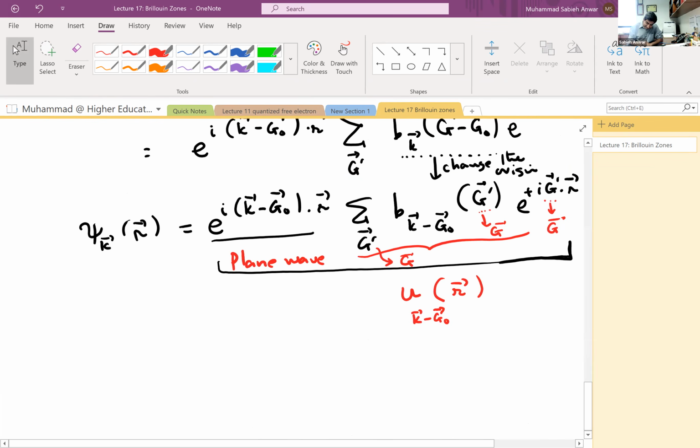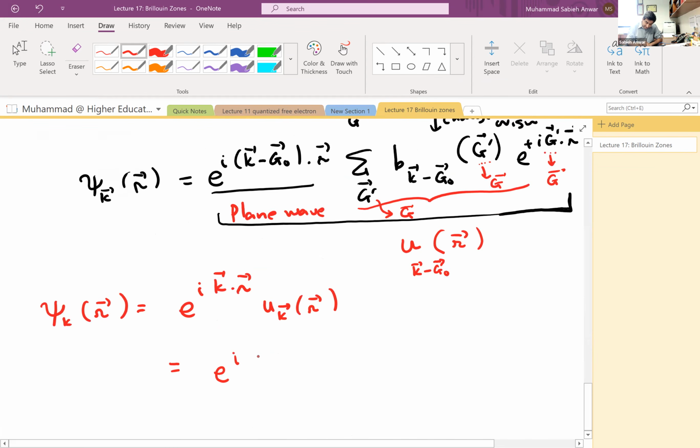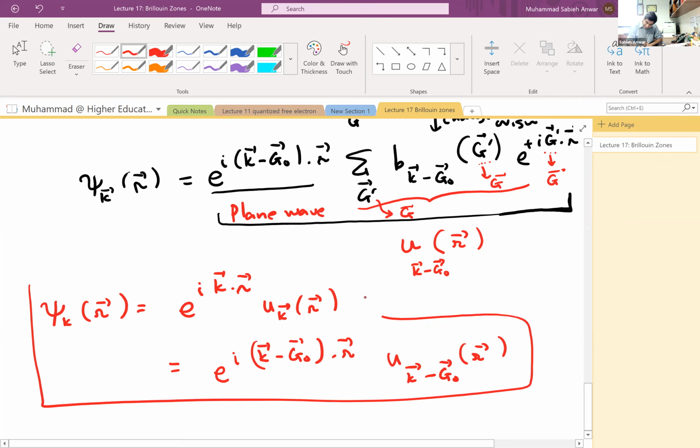Hence, what this expression is telling us is that psi_K at R, which is normally given by e^{iK·R} modulated by U_K as a function of R, is exactly going to be identical to e^{i(K minus G naught)·R} U_{K minus G naught} at R. A key expression here.